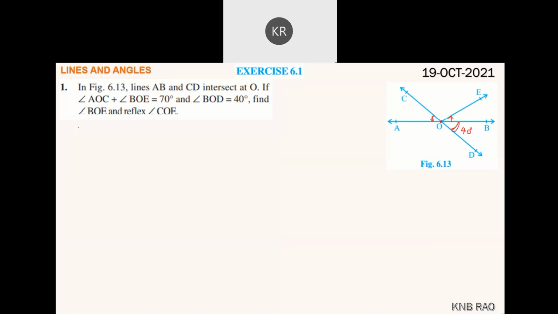Let us assume angle AOC is x, angle BOE is y, and angle COE is z.